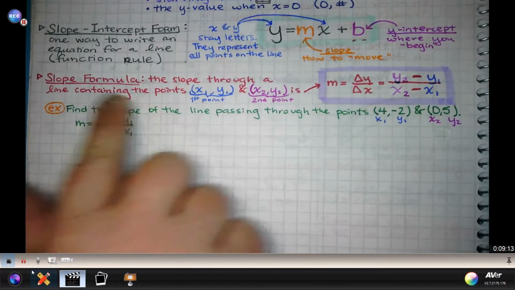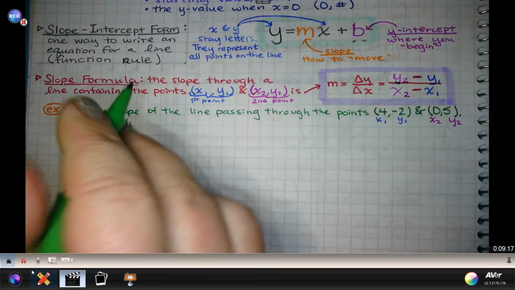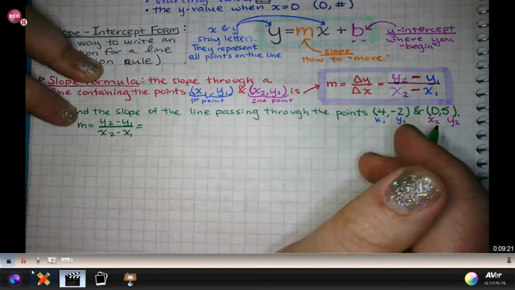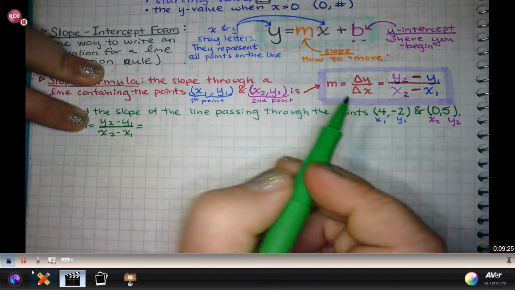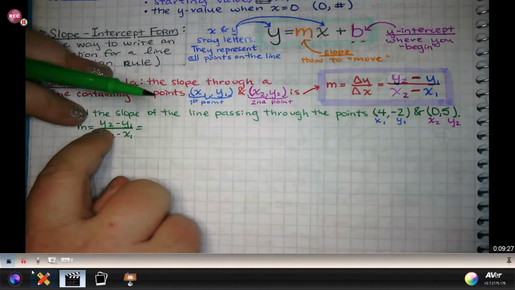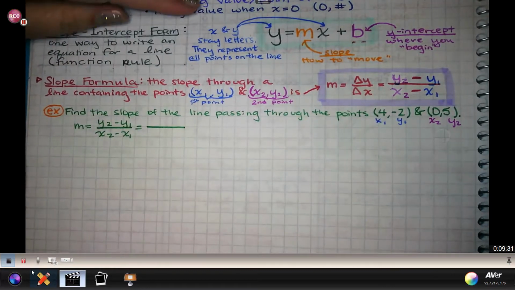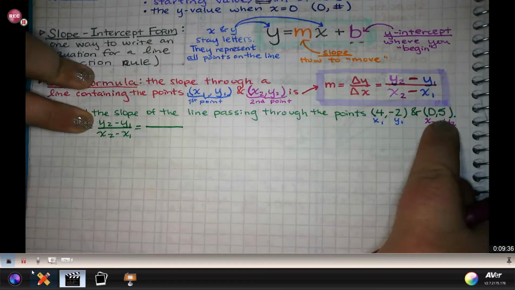Those are both from the same point, and the sub 1's come second. They're both from the same point. Now, all I have to do is take each of these, and I want to double, triple, quadruple check as I'm doing it to make sure that I put each number in the right spot. So, I'm going to put the fraction line, just so it's there. And we have y sub 2. Well, y sub 2 is 5.